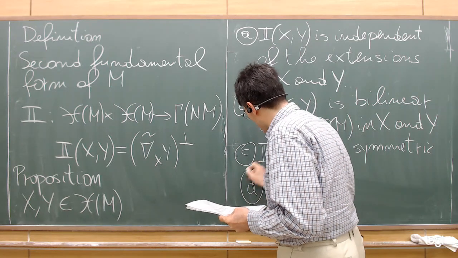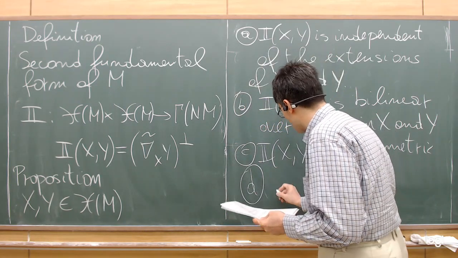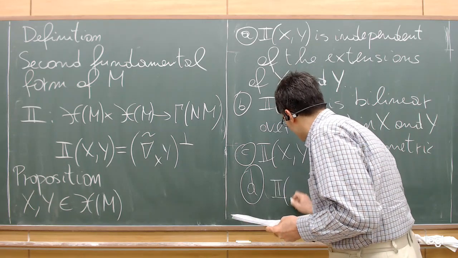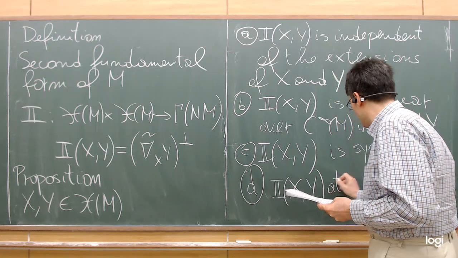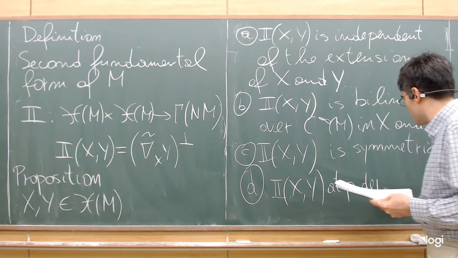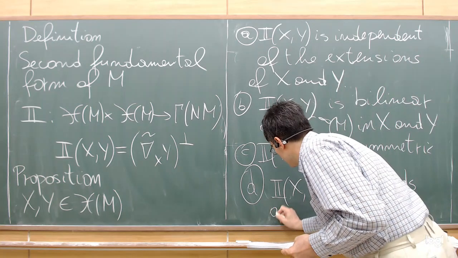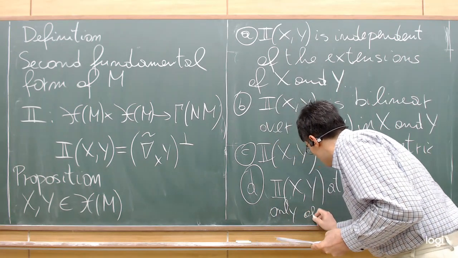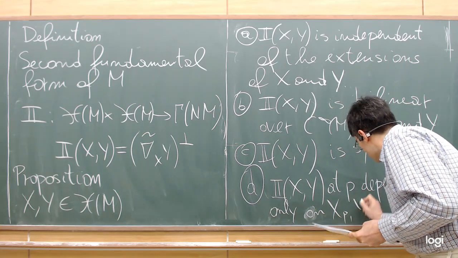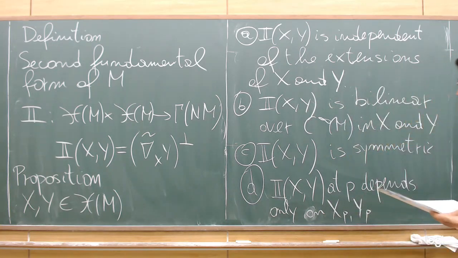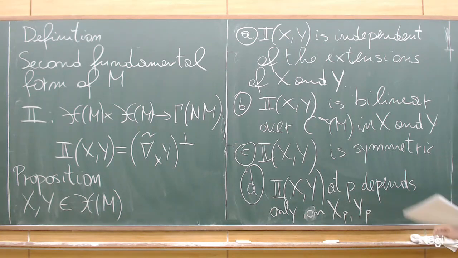D: II of x y at P depends only on x_p, y_p, that is, the values of these two vector fields at the point P.